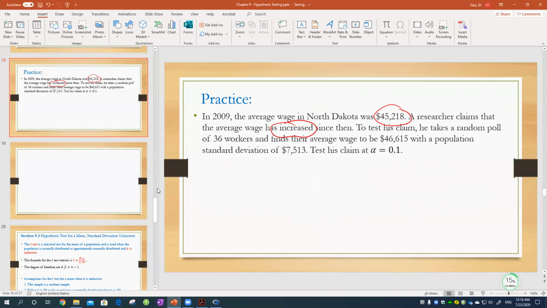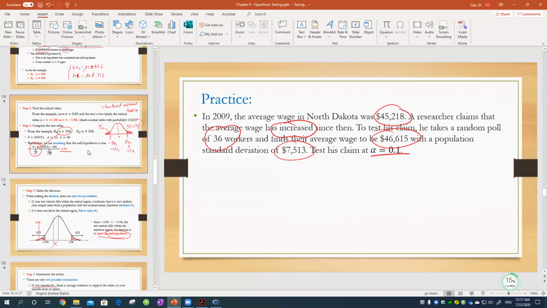To test his claim, he takes a random pool of 36 workers and finds their average wage, the sample mean, to be 46,615 with a population standard deviation of $7,513. Test his claim at type 1 error rate 10%. So alpha equals 0.1.